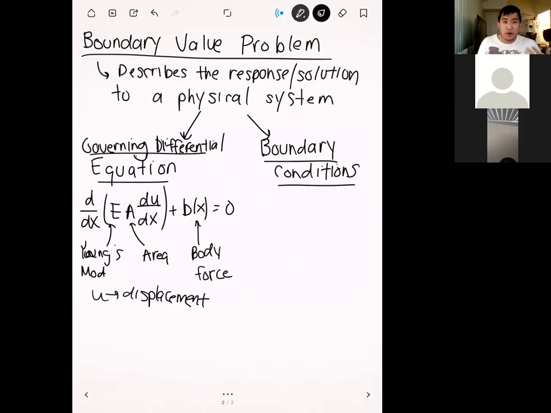And so the second part of a boundary value problem, which kind of gives it its name, is the boundary conditions. Okay? So we already know what boundary conditions are. So boundary conditions basically describe the behavior of the system at the extremities of the domain. Okay?